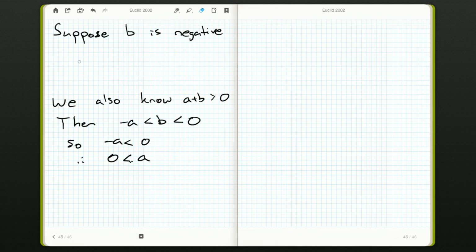We know 0 is less than B plus C because it's going to be positive, because those two numbers are consecutive. So 0 is less than, add A to each of these.